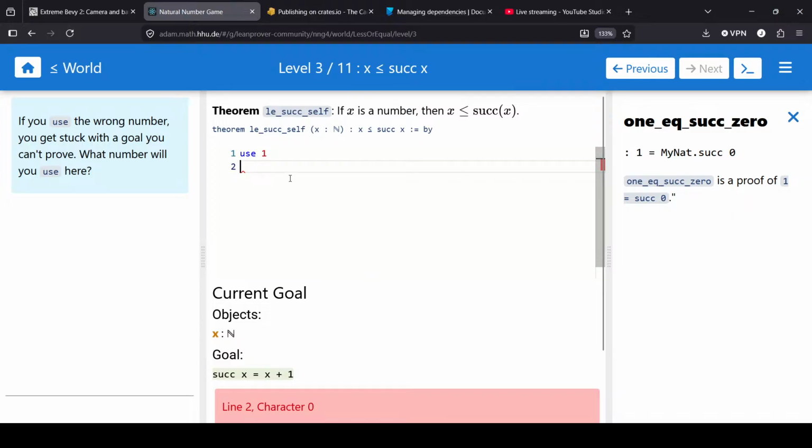I mean, I guess I could try this. It's just hidden in the definition. There's a few other tactics that allow you to unfold these definitions, but they're not available in this game. Okay, I see. Because use tactics see through definitions. Interesting.